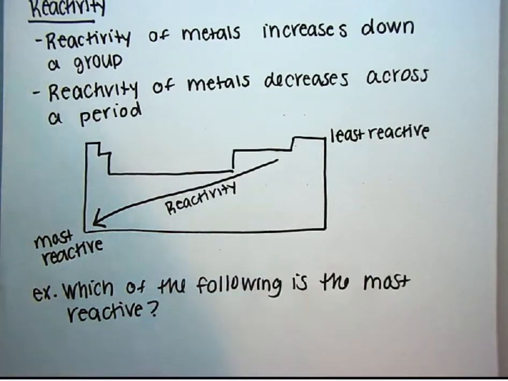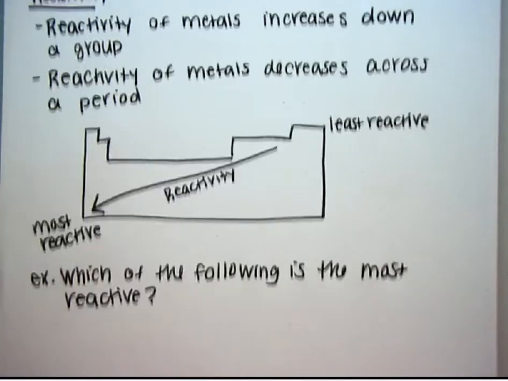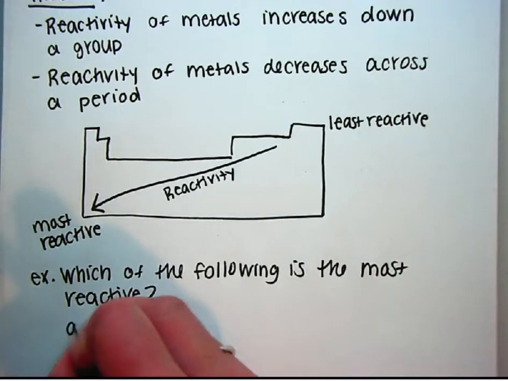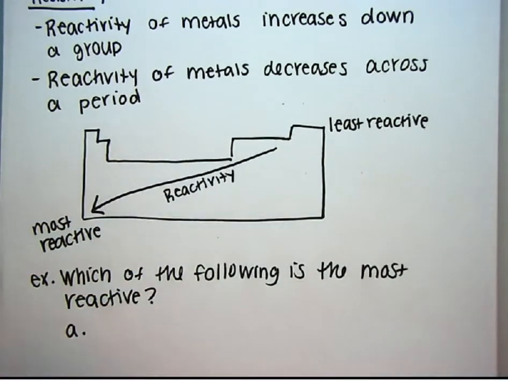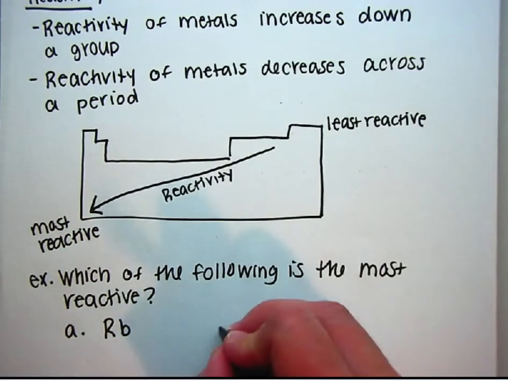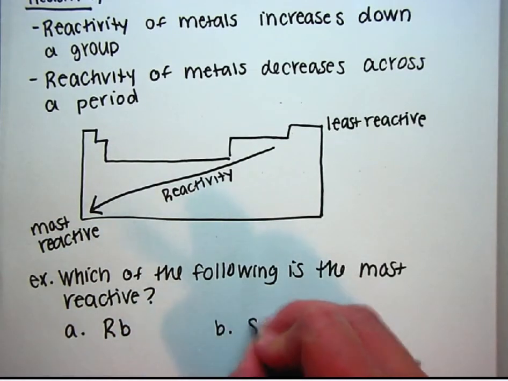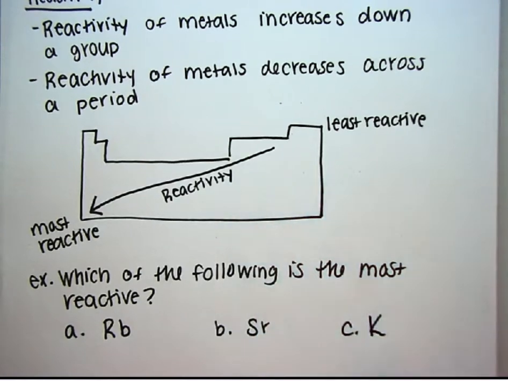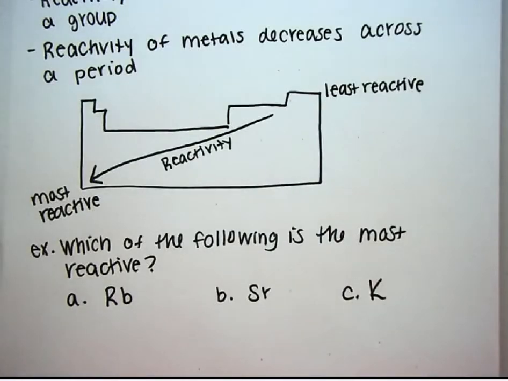Well, let's start with one before. We'll do one without electron configurations, and we'll do one with electron configurations. Let's say you were given rubidium, strontium, and potassium, and you were asked which one is most reactive.